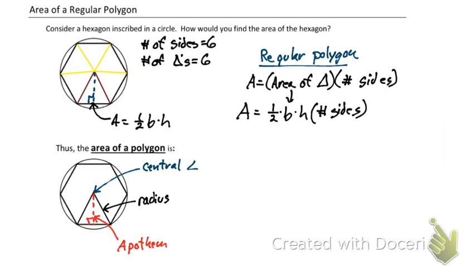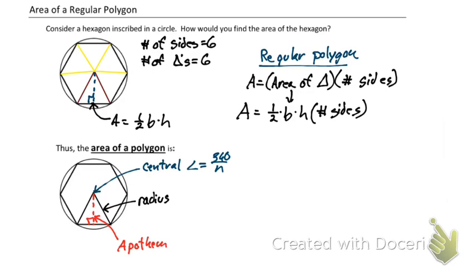Yep. Divide that by 6. Perfect. A full circle is 360. Well, 360 has to be broken up into 1, 2, 3, 4, 5, 6 equal angles. So we do 360 divided by our number of sides to get that central angle. So our central angle is going to equal 360 divided by n, where n is our number of sides.